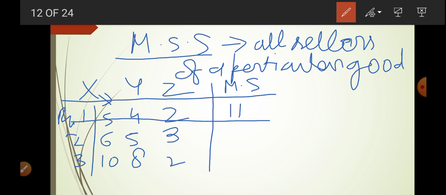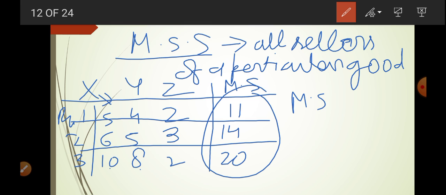At 2 rupees price, 6 plus 5 is 11, plus 3 is 14, so the total supply will be 14. At price 3, the total supply will be 10 plus 8 is 18, plus 2 is 20. So this is your market supply schedule. We find it by adding whatever the suppliers supply. It is the sum total of all individual supply schedules.